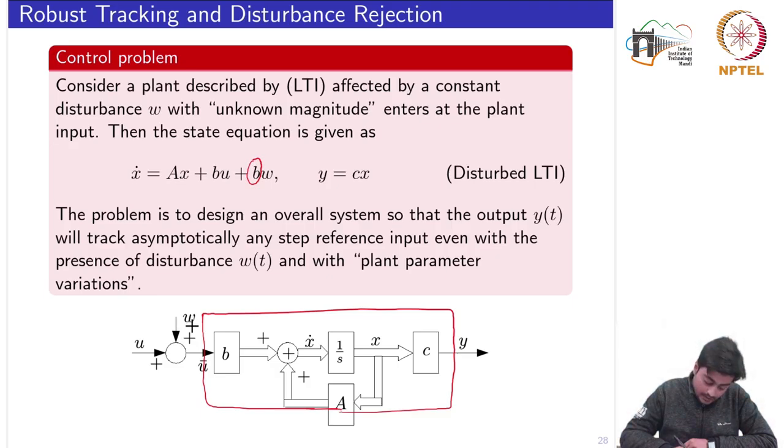So we can expect that if we have not taken any significance of this signal onto the response, then we won't be able to achieve the desired objective either in terms of the desired rate or the regulation or the tracking. Okay, so we need to solve this problem where we have this W which is of unknown magnitude, so that we are still able to achieve the tracking and the regulation.